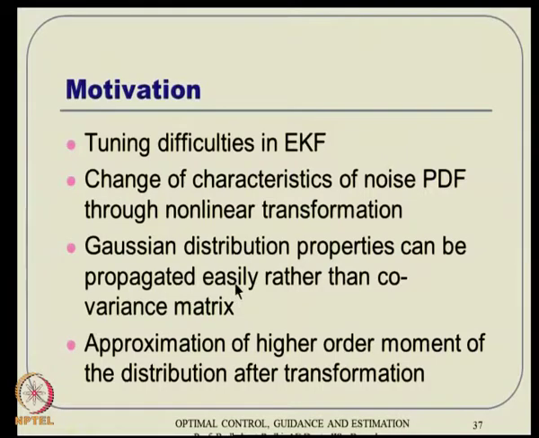So we propagate some of these distribution properties, something like sigma and mu, then evaluate the covariance from them. There is no need to propagate the covariance matrix and run into difficulties. It also gives us a platform, if necessary, to approximate the higher order moments of the distribution after transformation as well.